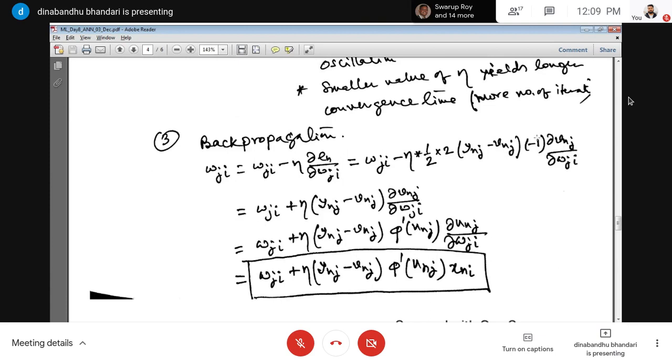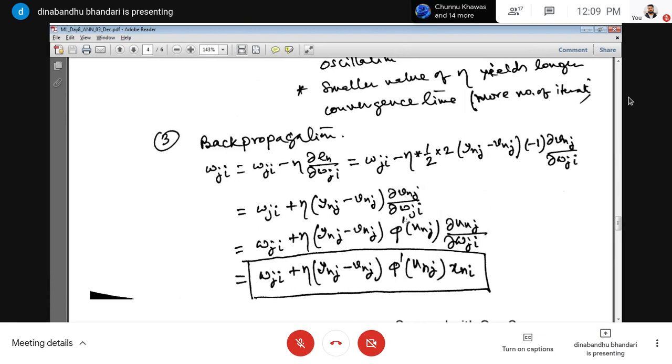Now, if I differentiate Vnj again with respect to Wji, what is that? Vnj involves phi of Unj. Differentiating phi of Unj with respect to Wji, it would be phi dash Unj del Unj del Wji. The 2 and half cancel out, and this minus 1 coming here becomes plus.